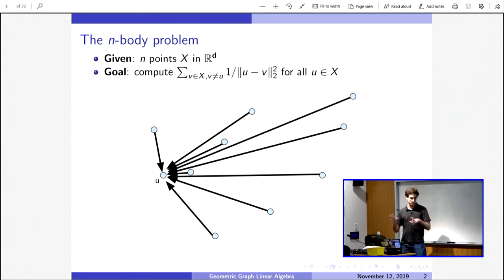This quantity is meaningless, but it's essentially equally difficult to compute as the actual force vector. So essentially, given n points in Rd, we'd like to compute the sum of 1 over the distance from a point to all of the other points.